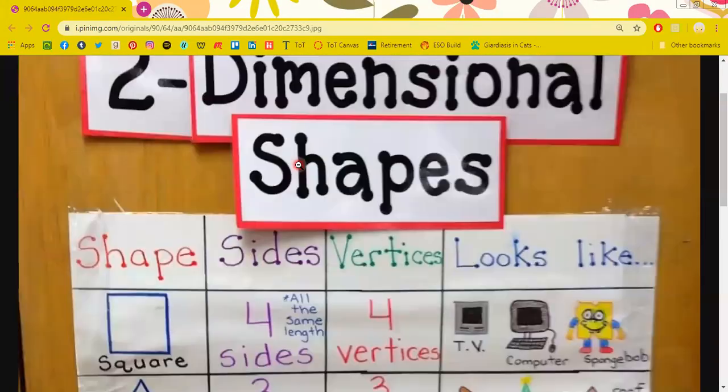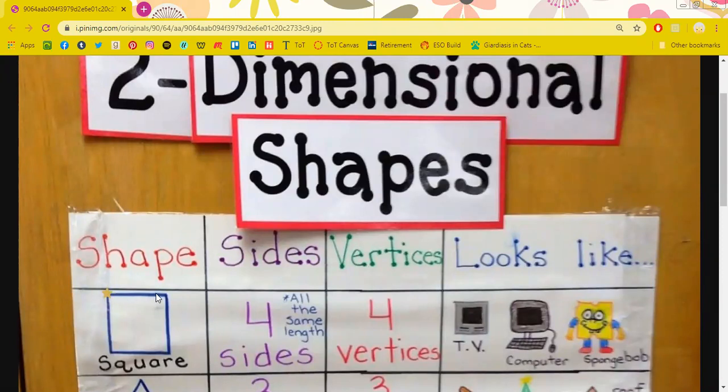Now we want to look at our vertices. So remember, vertices are where the 2 lines meet. So we're looking for kind of like corners almost for our shape. So we're going to find our 2 lines and see if there's a spot that they meet. I'm going to stamp them with a star to show you. So we're going to find line 1, line 2, they move up and they touch right there.